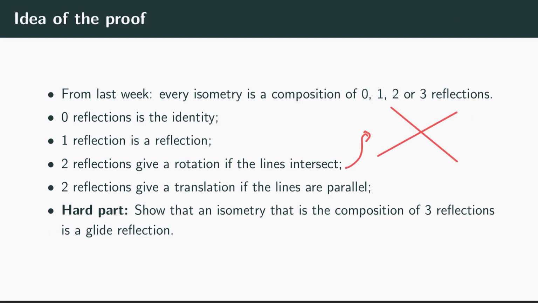If I have a pair of lines that intersect like so, and they don't intersect at 90 degrees, we get a pair of vertical angles where the angles are acute, meaning they're pointier than 90 degrees. And then the rotation is going to be by twice that angle.